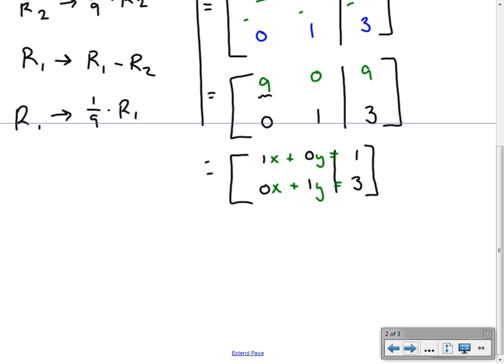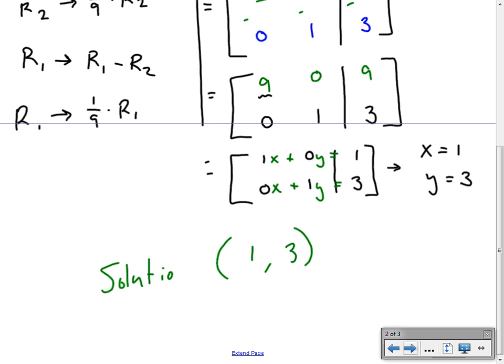So if you remove the 0 variable portion of each equation, what we're really left with is x is equal to 1 and y is equal to 3. So what we found at this point is the solution to our system, and if we write that as an ordered pair, we would get 1, 3.